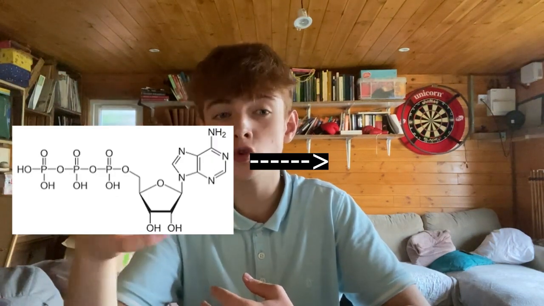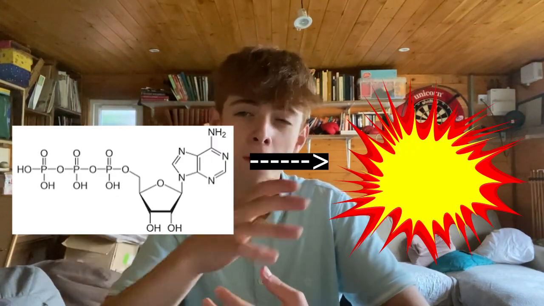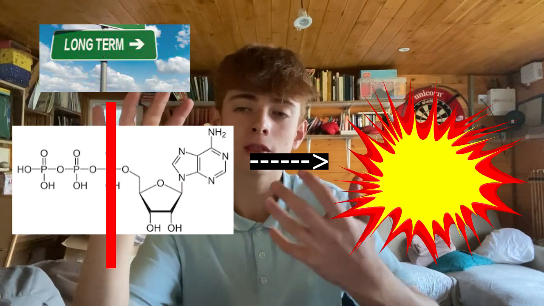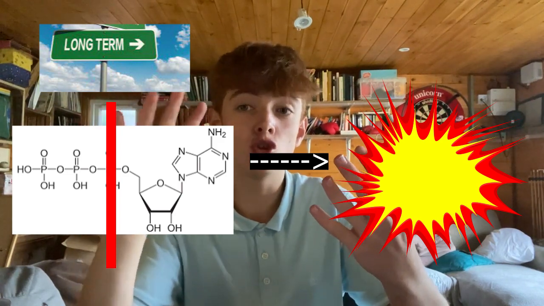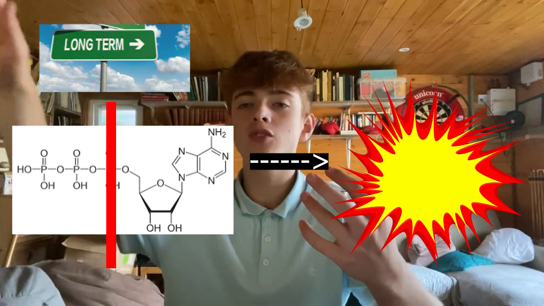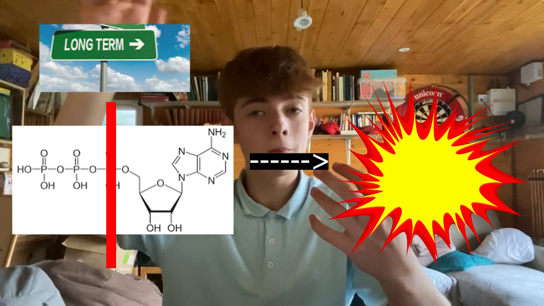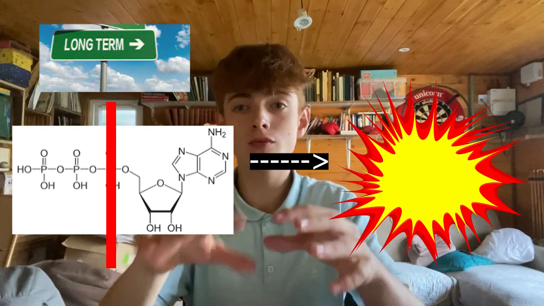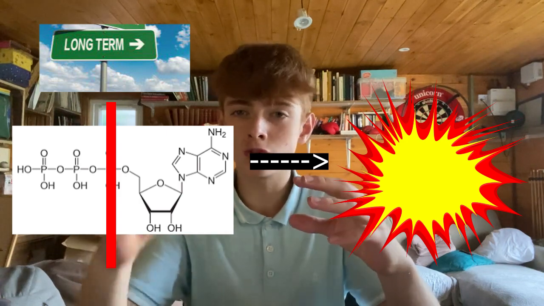Adenosine triphosphate is used by the body to produce energy, but it's not a very good long-term sort of plan for your body to use energy. And that's why they have other processes like respiration and stuff, so that your body isn't specifically only relying on ATP to actually produce its energy.